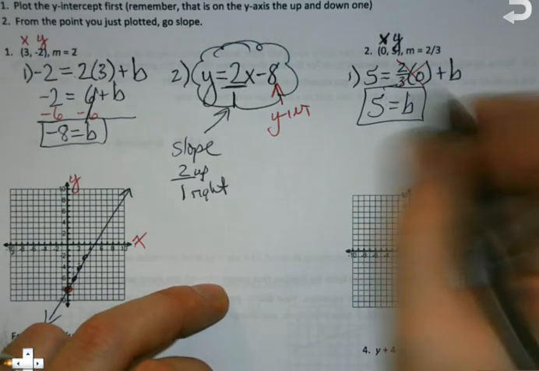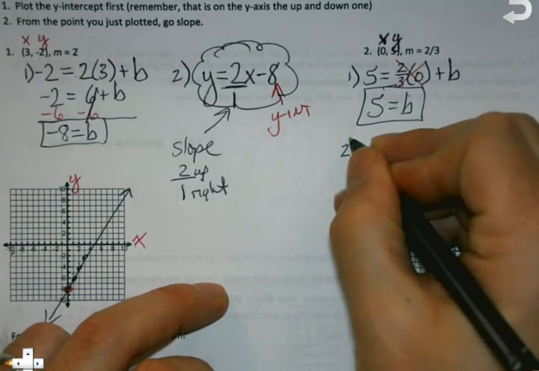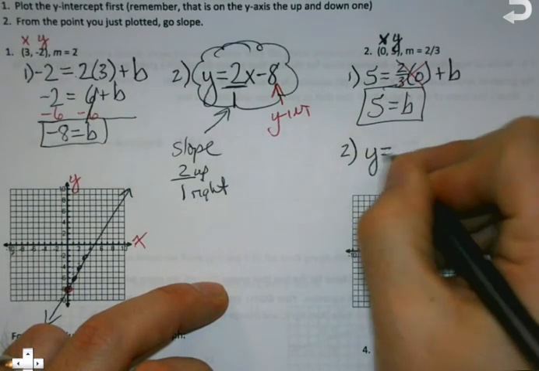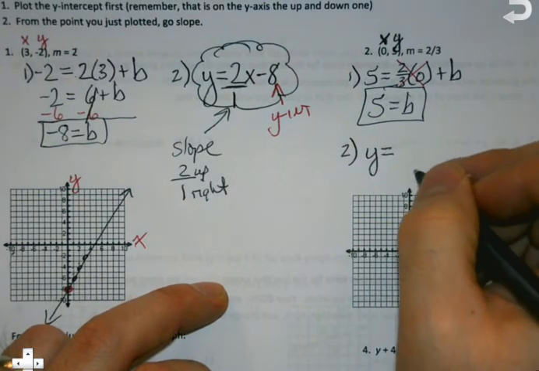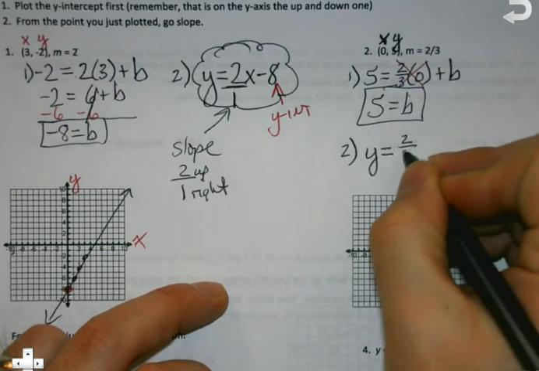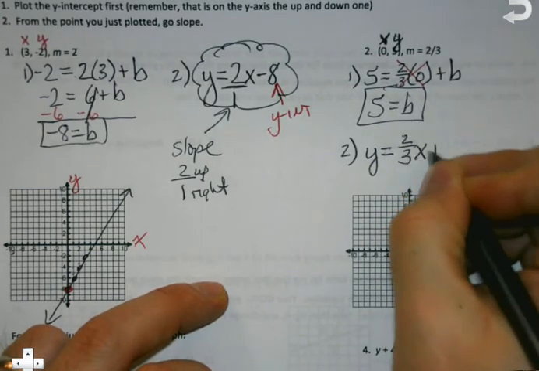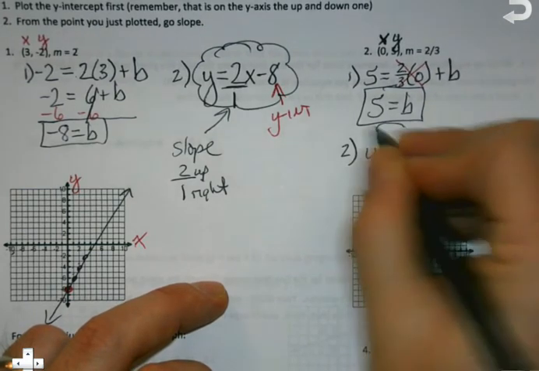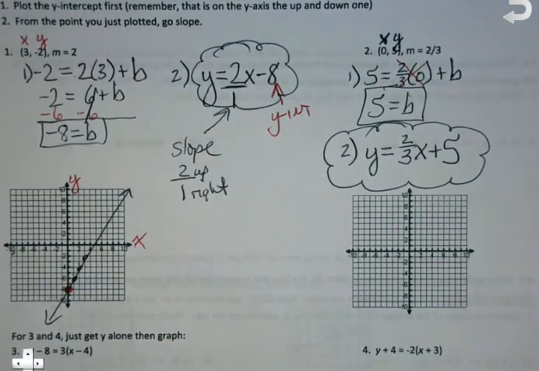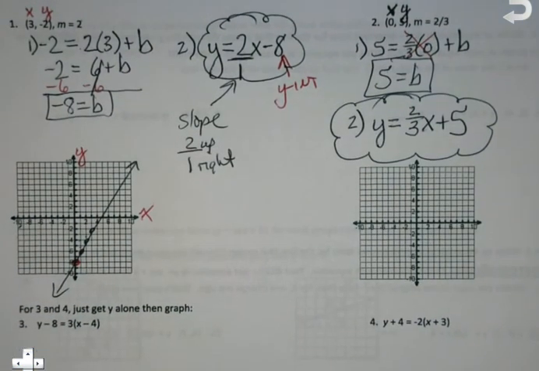So once we get there, now we go back. Y equals, what's my slope? What's my m? 2 over 3. m x plus b. That's the graph that I need to plot down here. So let's see here.